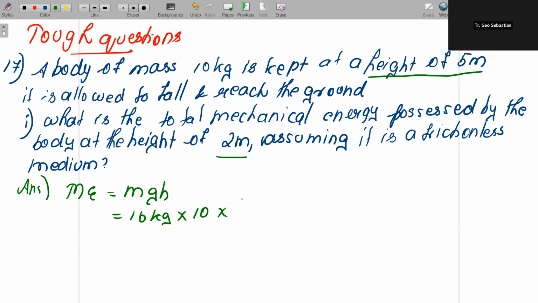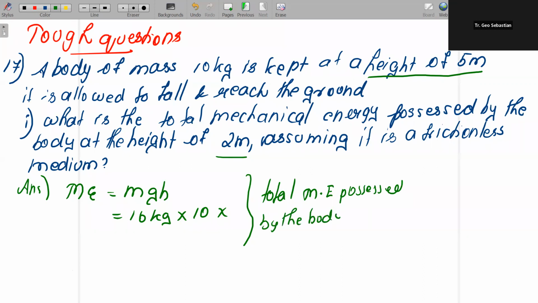The body is not falling. Listen carefully. Total mechanical energy possessed by the body at 2 meters is equal to the potential energy at maximum height, right?